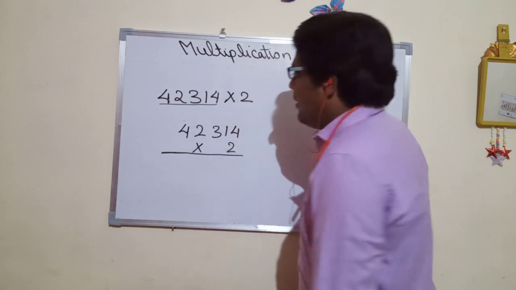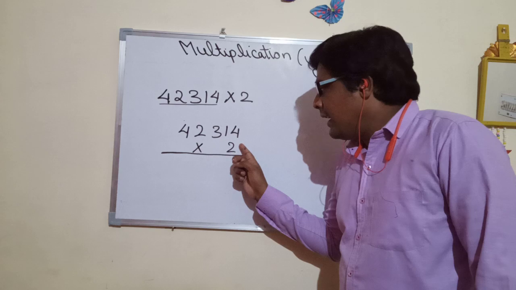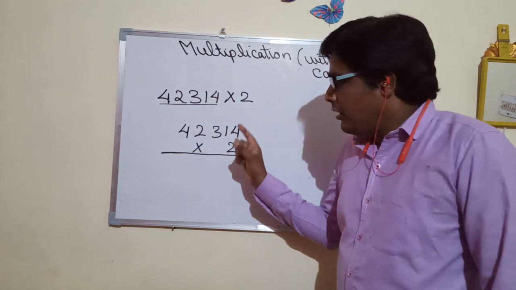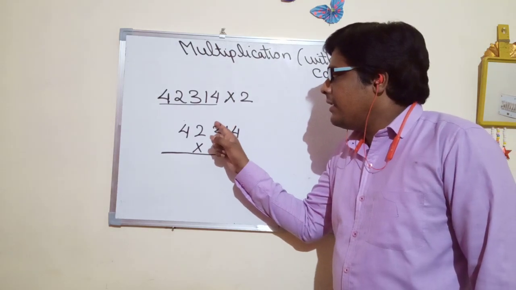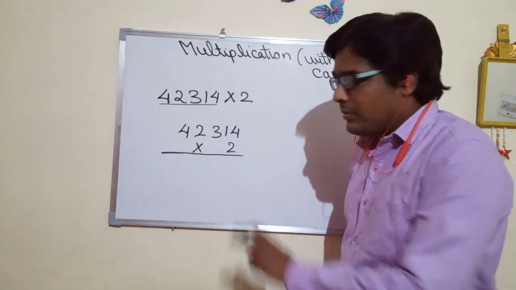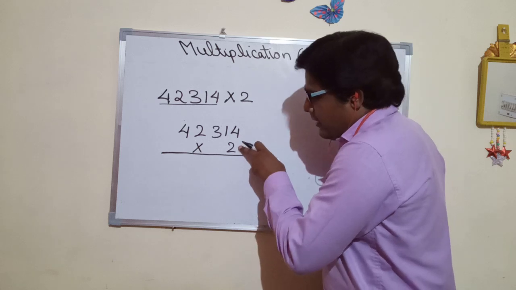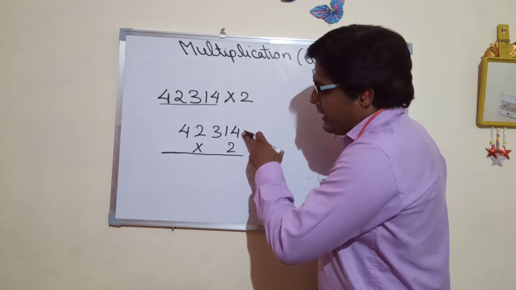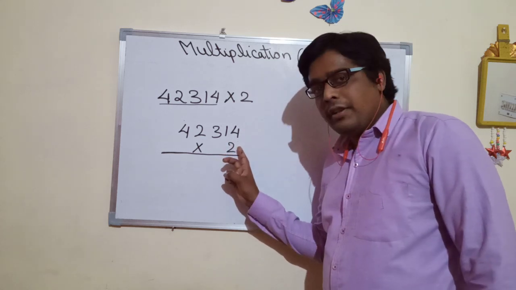Now you have to multiply the multiplier by each digit in the multiplicand, and always you will start from the ones place. Always you will multiply the multiplier with the ones place of the multiplicand. And if there are two digits, then also you have to start from the ones place only.